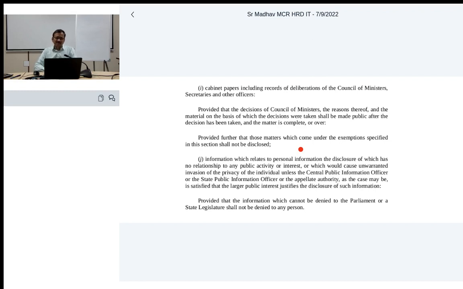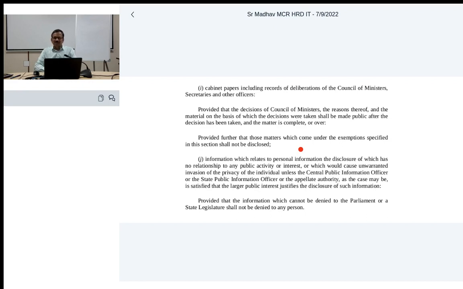But there is a lot of discussion about the definition of personal information because the RTI Act itself doesn't provide a definition of personal information or privacy. Then how do you apply these exemptions? That is a bit difficult. But now we have another bill after the Justice Puttaswamy judgment. A bill was introduced in Parliament, Lok Sabha, and is now under its consideration, where the definition of personal data is available.